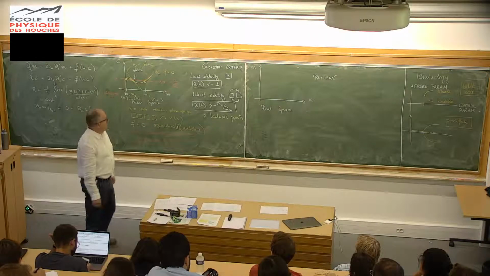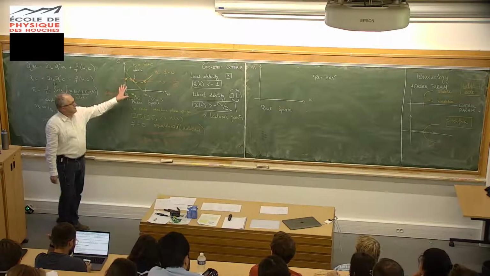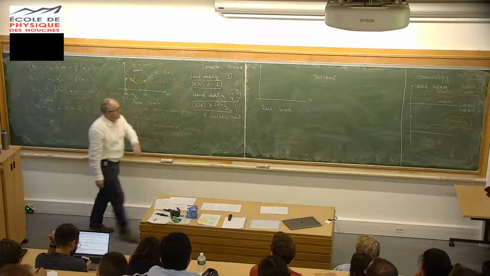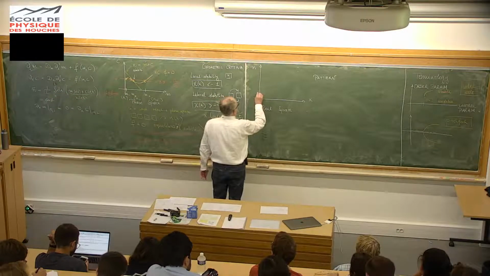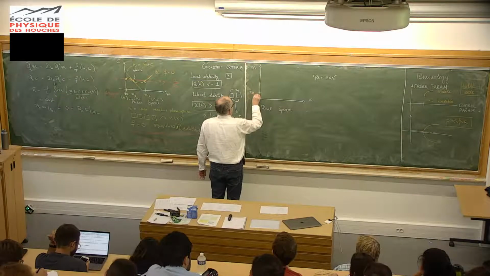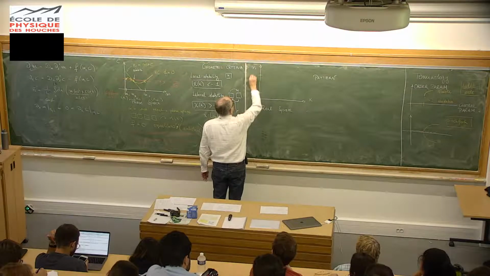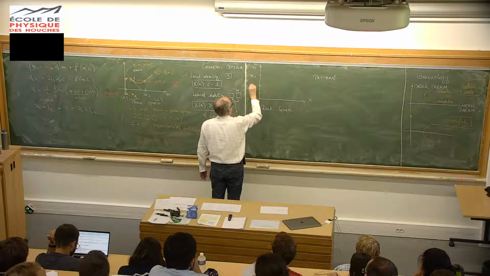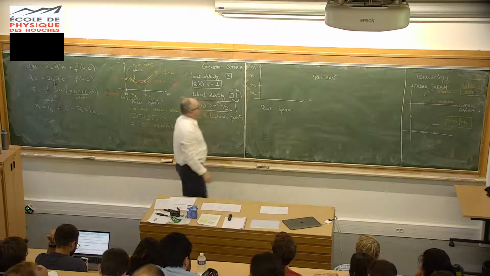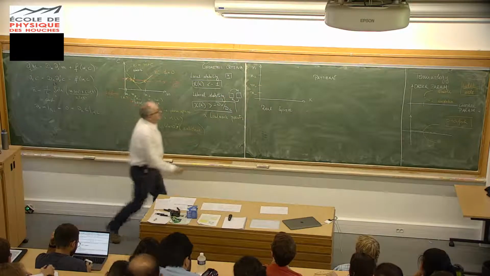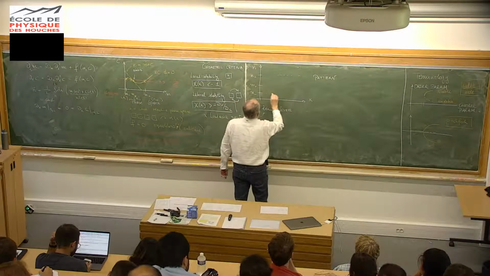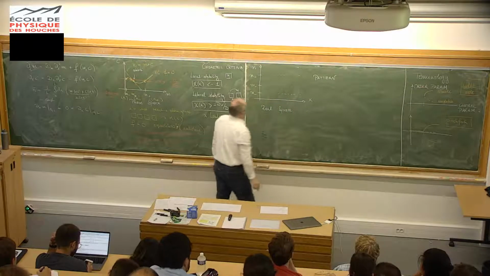All right? Now, let's go on here and use the landmark points to construct the pattern. So let me draw here these landmark points. One is M minus, the other one is M plus, and the third one is M0, dashed.